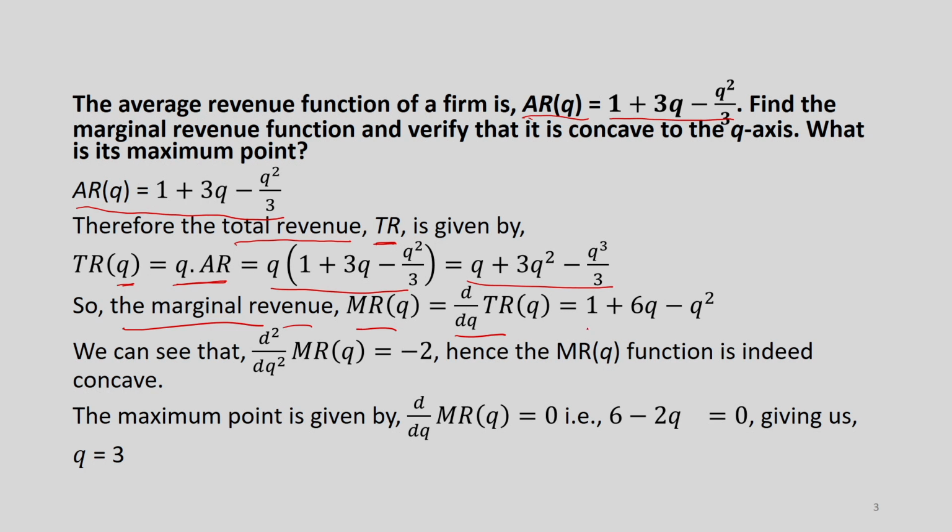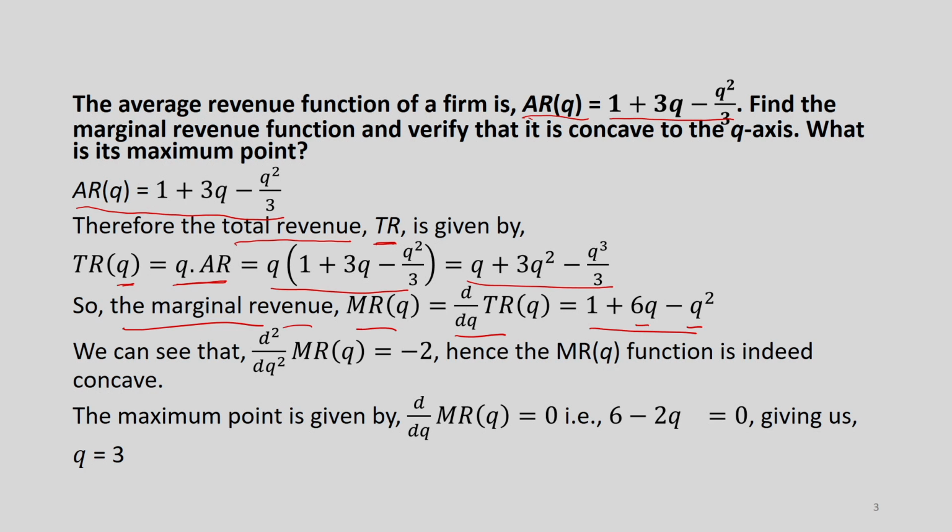So, it is calculated to be 1 plus 3 times 2q, which gives you 6q, minus 3q square divided by 3. 3q square divided by 3 will be simply q square. So, you have minus q square here. We have applied the power rule in this case. Marginal revenue therefore is 1 plus 6q minus q square.